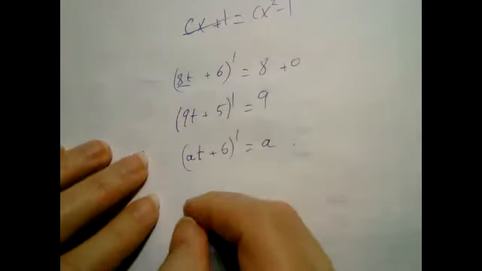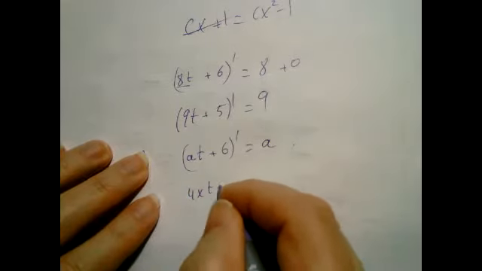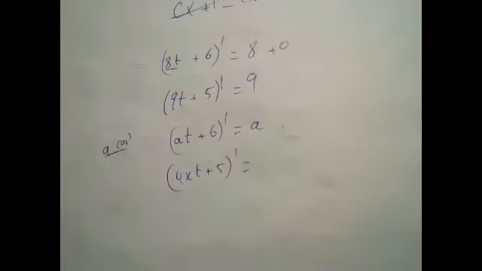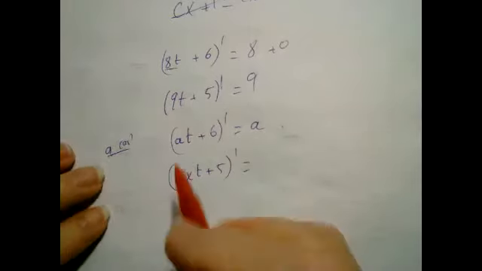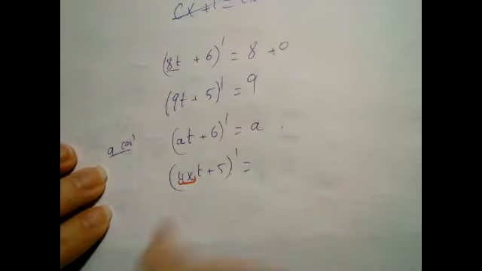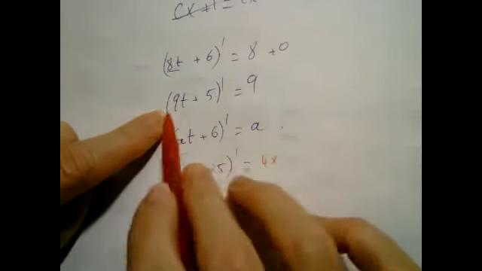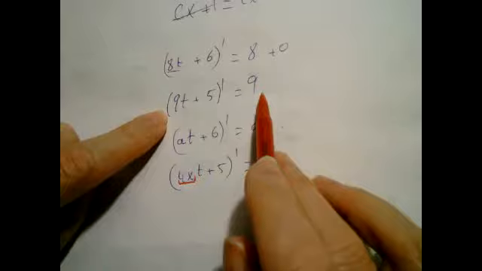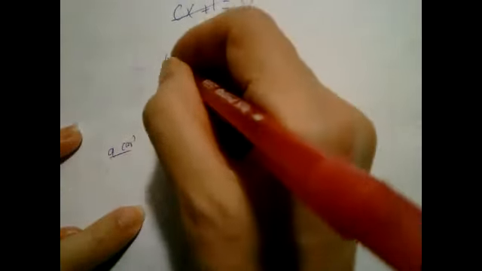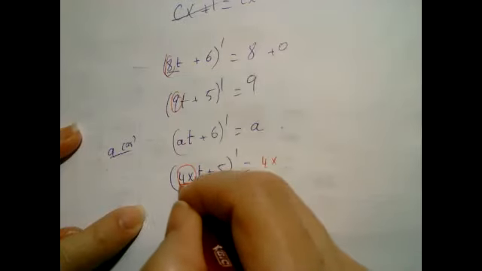Now I have 4xt plus 5. What's the derivative? X is a constant, so it's just 4x. If you have 9t, the derivative is 9; 8t, it's 8. So what's playing the role of 8 and 9 and a is the 4x.